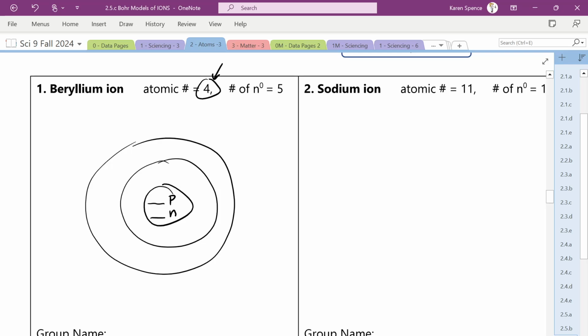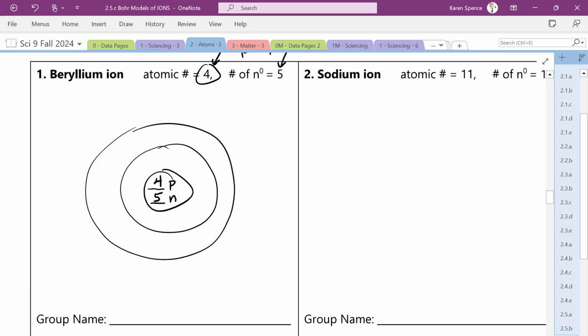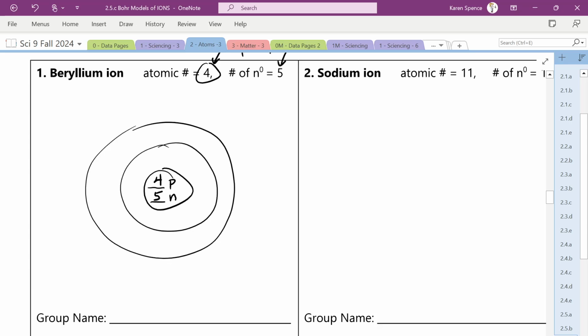So atomic number is 4, so the number of protons is 4. You are told that the number of neutrons is 5. Okay? So now we have to say to ourselves, what is the number of electrons in a beryllium ion? Remember, start by writing the beryllium atom.